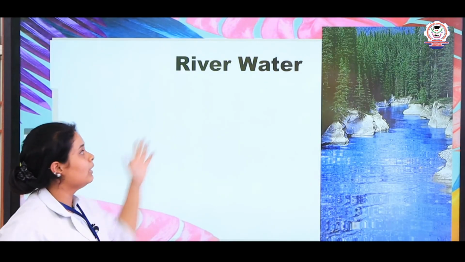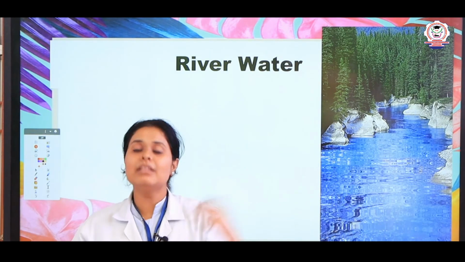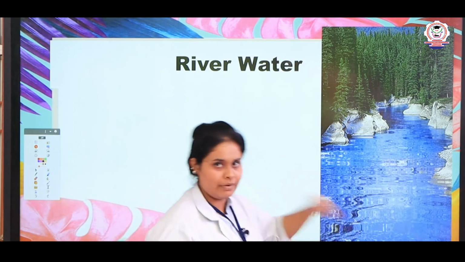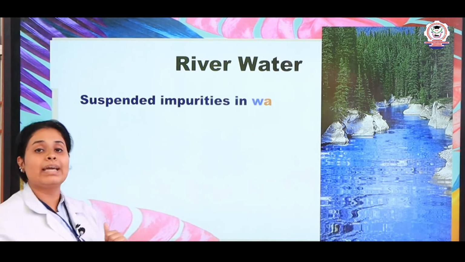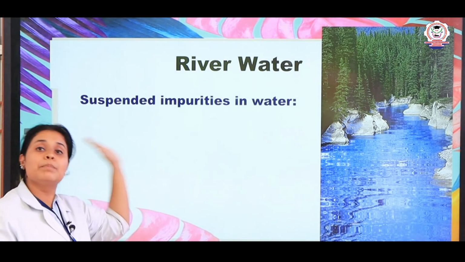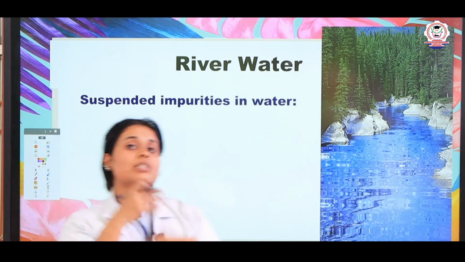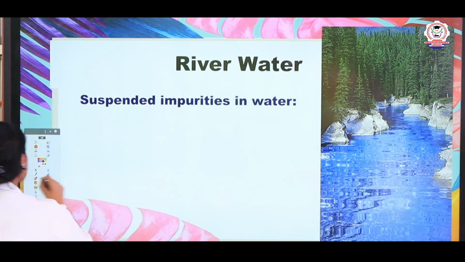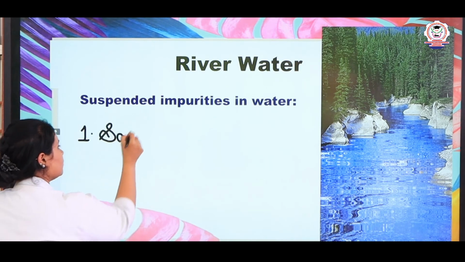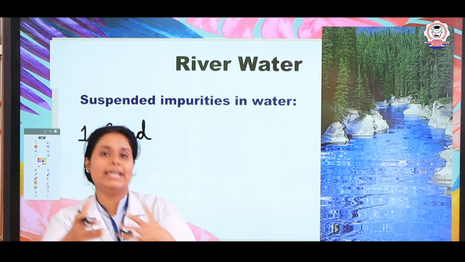Okay. Now let us see about the river water. So children, river water is the first and the most common example of a surface water because it is present on the top, right. So in this surface water there can be different types of impurities present. The first impurities can be in the form of suspended impurities. Suspended means the things which do not get mixed up inside the water. So the first one here is the sand. This sand can be in the form of solids or it can be in the form of clay. Okay.